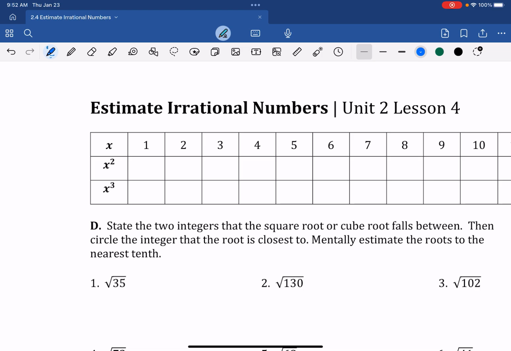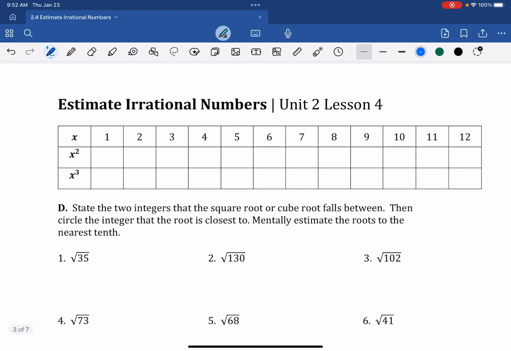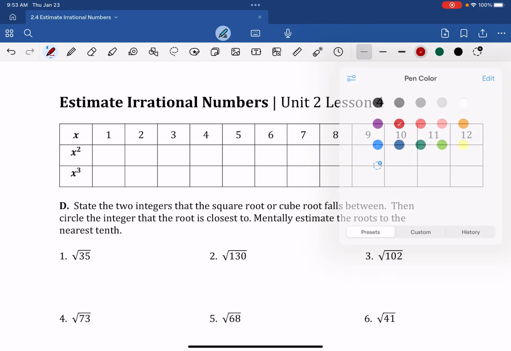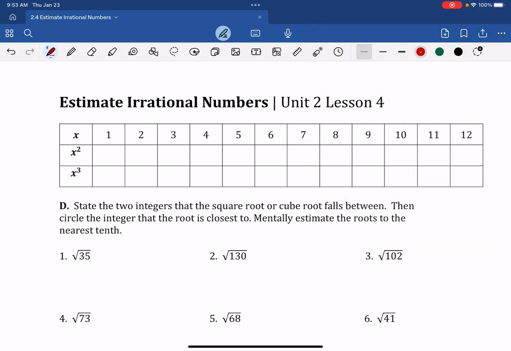Okay, we're going to fill out our perfect squares chart here at the top of the page to help us. So I'm just going to write them on here. You can follow along with me or write them on your own. It's up to you.